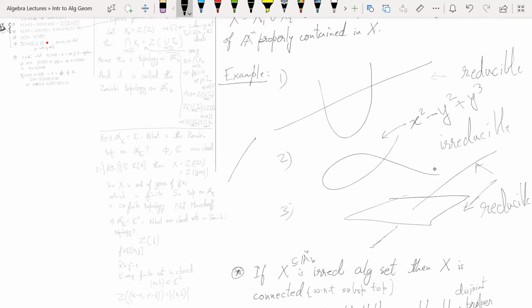Can you give an example before we get to a proof? Example of an irreducible algebraic set, which is, yeah, I think this is it.